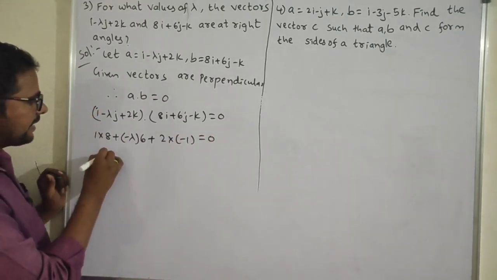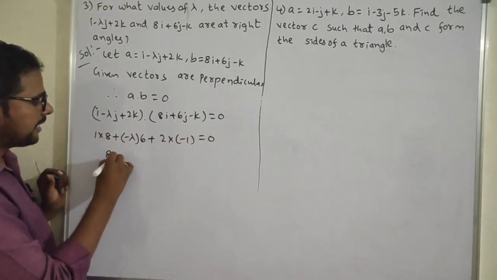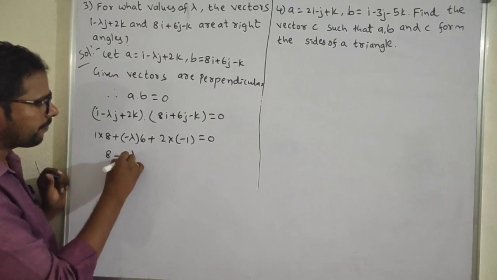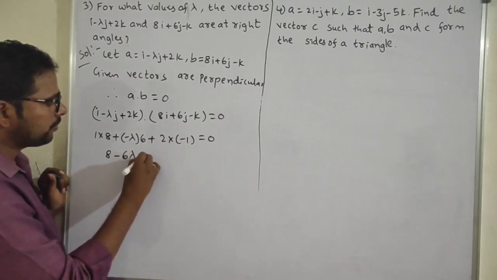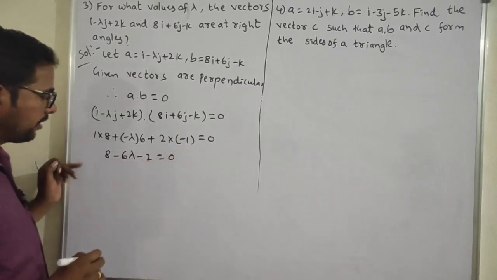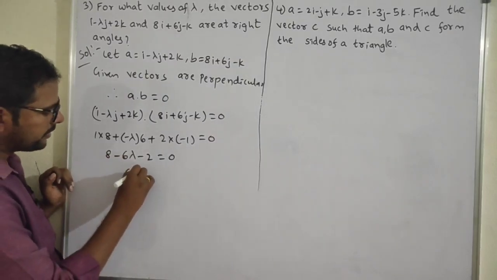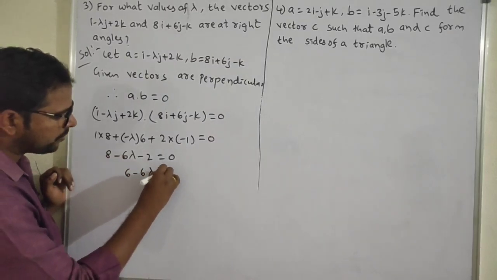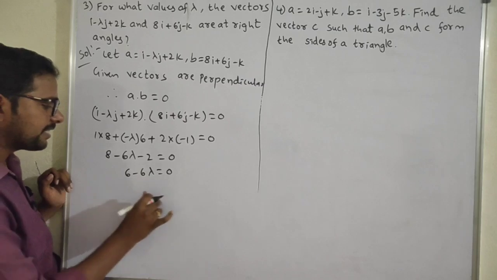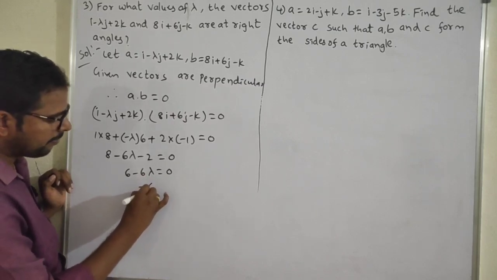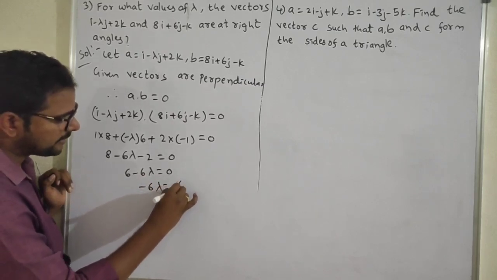So 1 into 8 is 8, plus minus 6 into lambda, 6 lambda, plus into minus 2, is equal to 0. 8 minus 2 is equal to 6. 6 minus 6 lambda is equal to 0. The 6 goes to the right side and becomes minus 6. Minus 6 lambda is equal to minus 6.